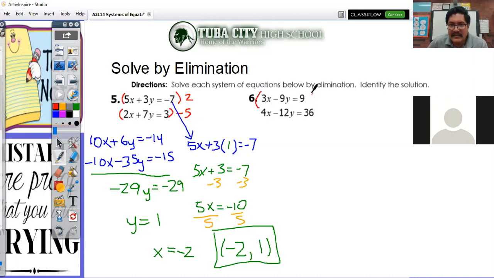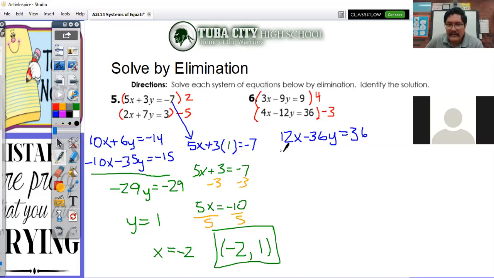To do that, I'd have to just multiply this entire thing by 4 and multiply the bottom one by 3 so that they both be 12. And I'll make that one negative. Okay, so let's go ahead and quadruple everything on the top. 12x minus 36y equals 36.